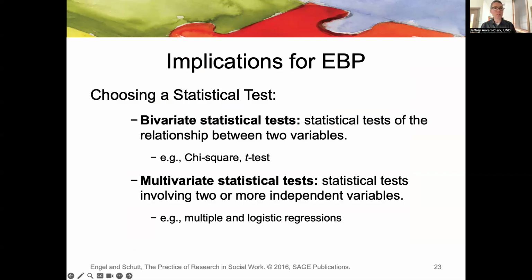Alrighty, so some of the implications for all of this is that the test that you choose has ramifications for your outcomes. Sometimes you'll just do a simple test between two variables. However, we know that in society, nothing is ever simple.